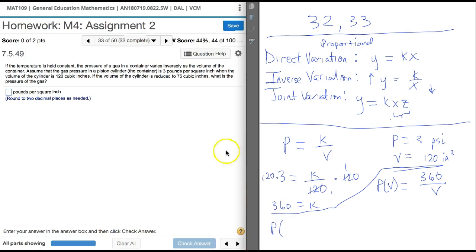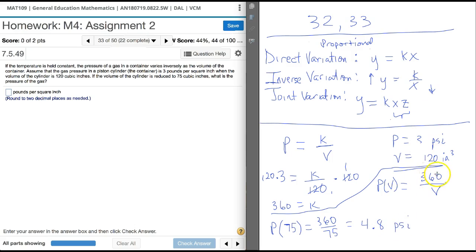So here we're asked to reduce the volume from 120 cubic inches to 75. So basically, if we plug in 75 for V, what is going to be the pressure? And of course, all we need to do is take 360 divided by 75, and we get 4.8, and this is going to be PSI.